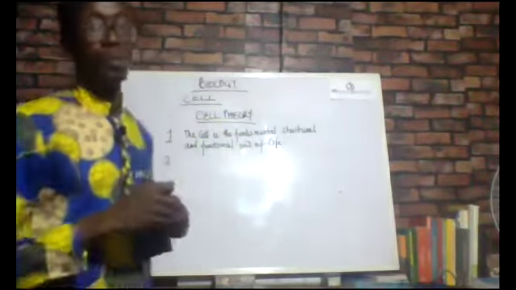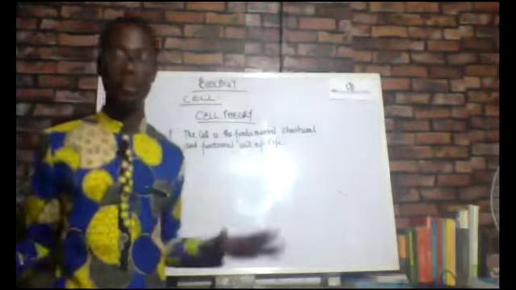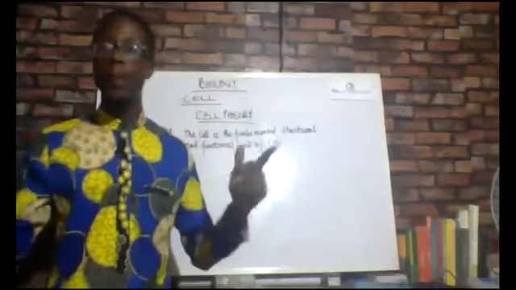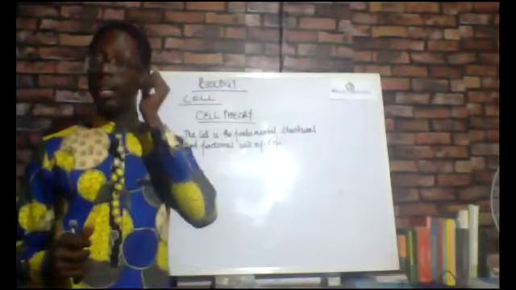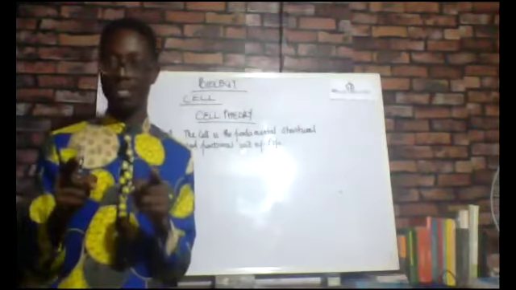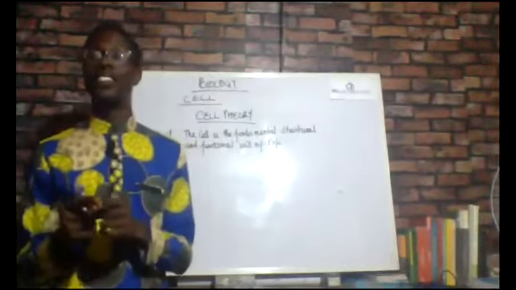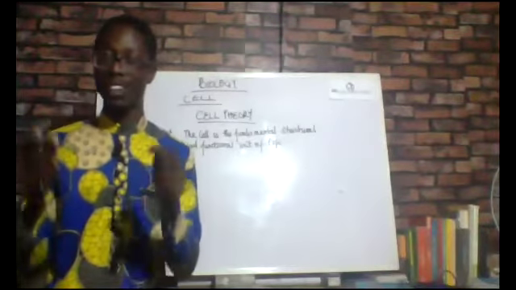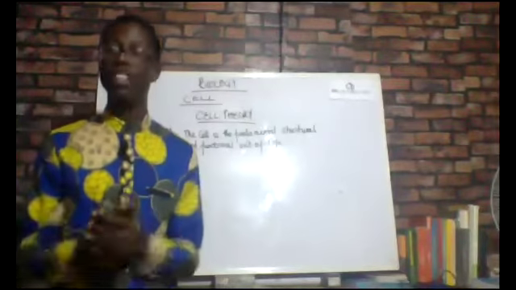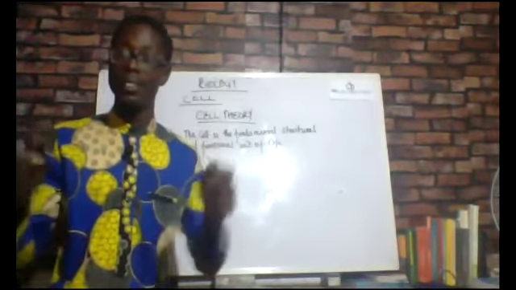Now, number two, all living organisms are made up of one or more cells. When you're talking about living organisms, I'm not talking about a virus, the coronavirus. That is a major thing at this moment that has really taken over the world. The virus is not a living thing.